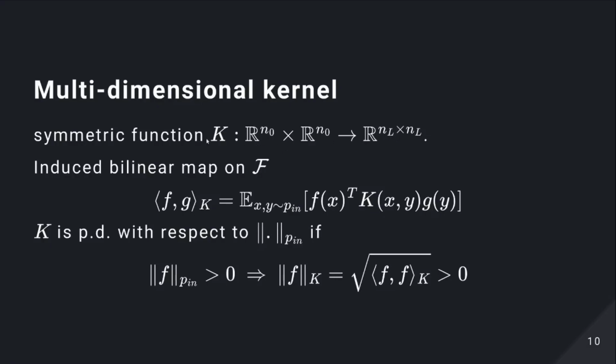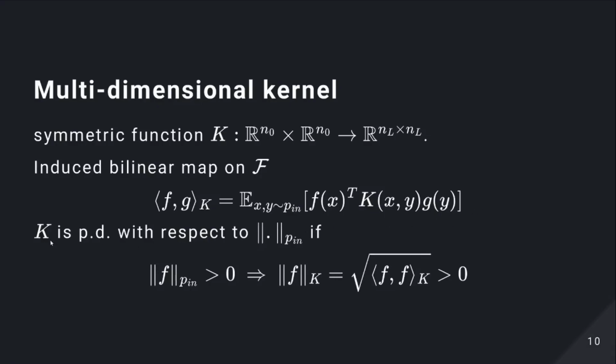And this actually induces a bilinear map on our function space, so also almost an inner product, where we define it as the expectation of taking x, y in our input distribution, and evaluating this thing here, which is simply also an inner product with a positive definite matrix in the middle.